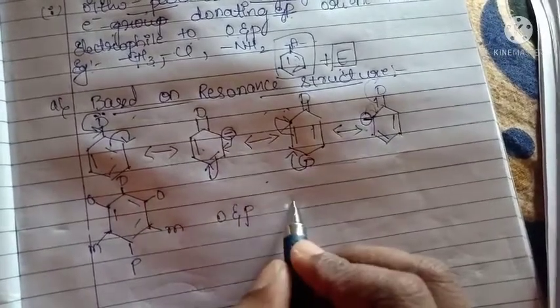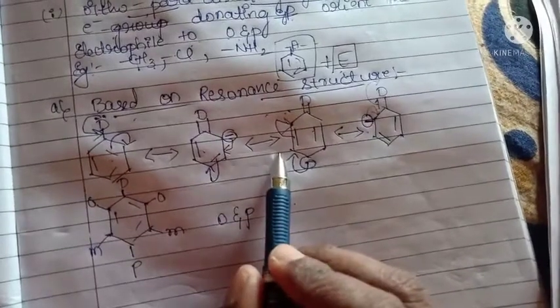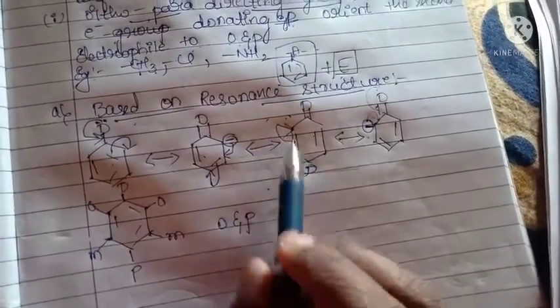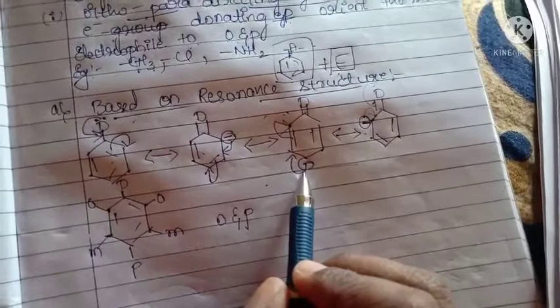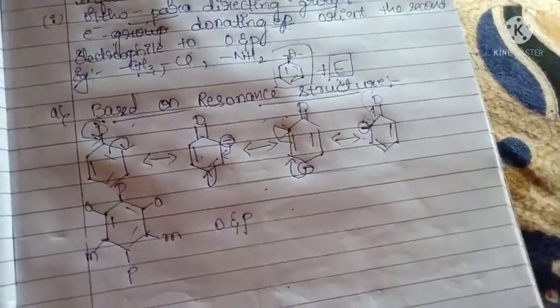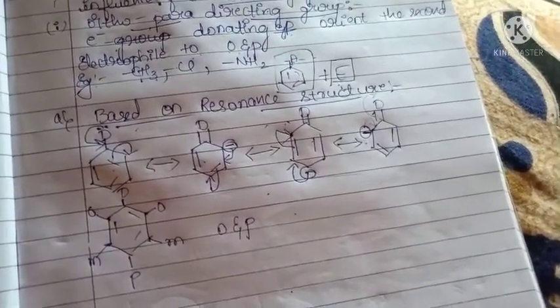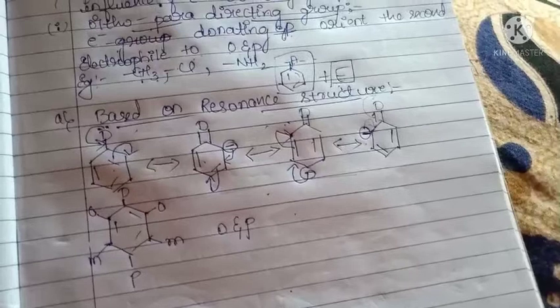So that's why it is called an ortho-para orientating group, because the electron should be oriented at ortho and para positions. Why should the electron be rich? The negative charge means electron-rich species. Why should the electron be more in the ortho and para positions?